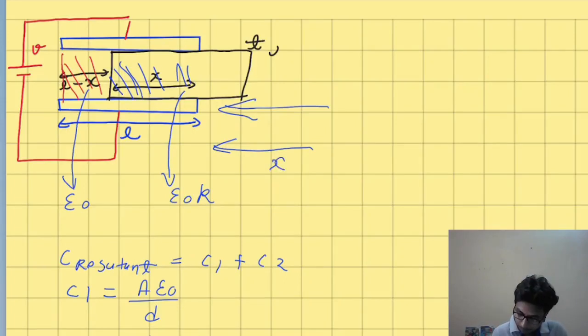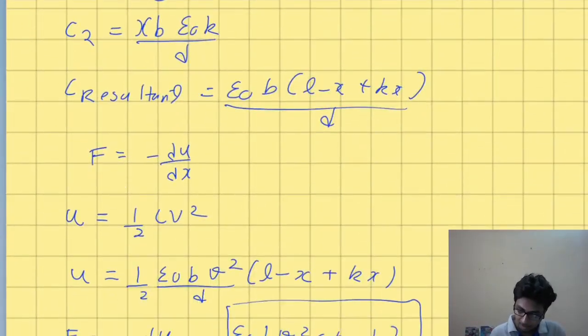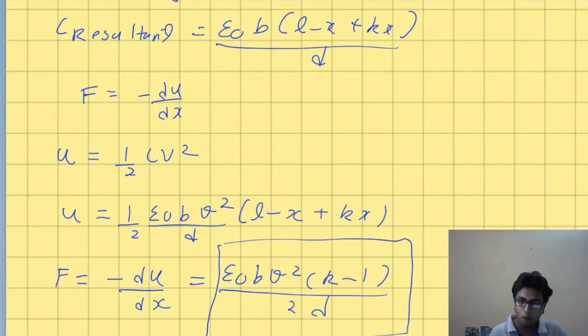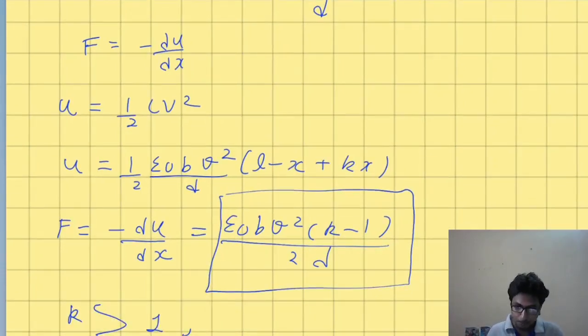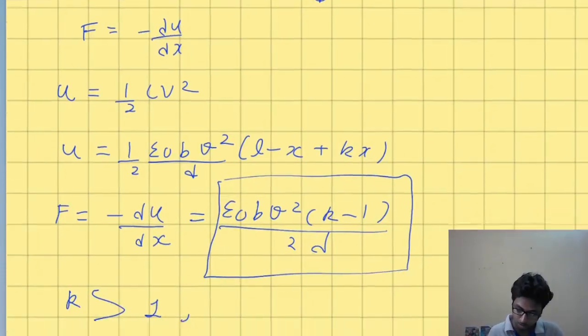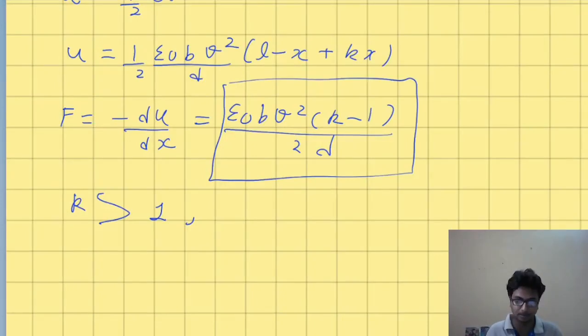So this is also the direction in which the force will act. When a dielectric is brought near a capacitor, it is pushed inside the capacitor with a force which is given as this.